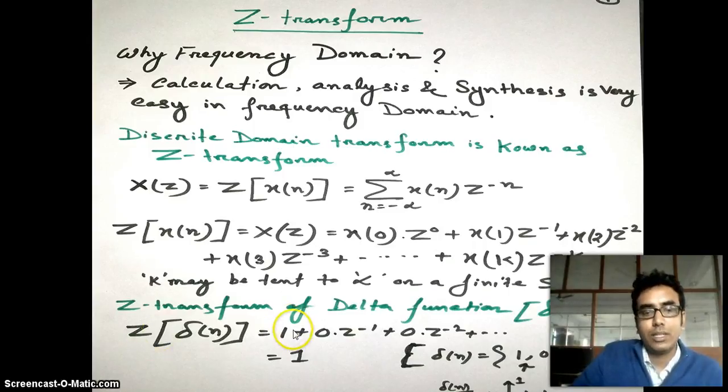So the Z transform will be 1. That means x0 is 1, 1 into z to the power 0 is also 1, and the other values x1, x2, x3 are 0, so the Z transform will be 1 for a delta function.